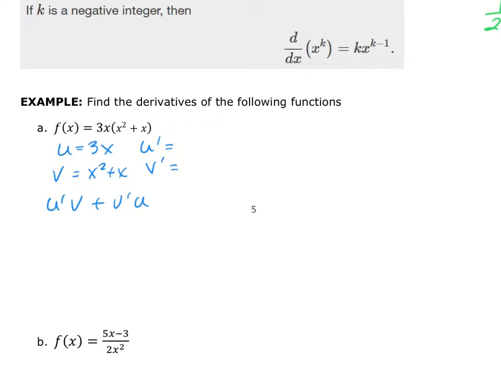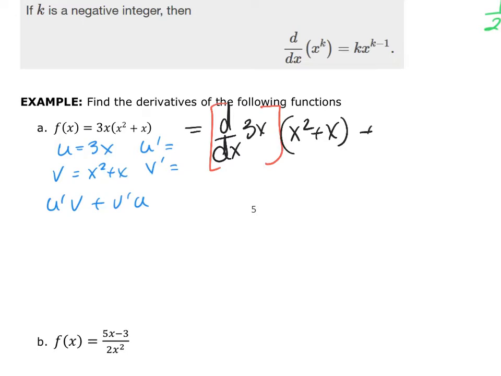So the question was, can I do it using the d dx? Absolutely. So this is going to be equal to the derivative with respect to x of 3x. So that's equivalent to u prime multiplied by x squared plus x.